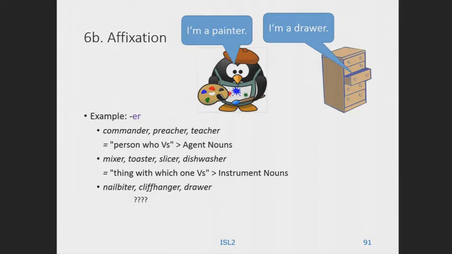Or a nail biter. Sometimes books that have cliffhangers or movies that have cliffhangers are also nail biters. Yeah, exactly. It makes you so nervous, you bite your nails. Which is really interesting because the book or the movie doesn't bite its nails. It's also not an instrument of nail biting. It just makes me do it.